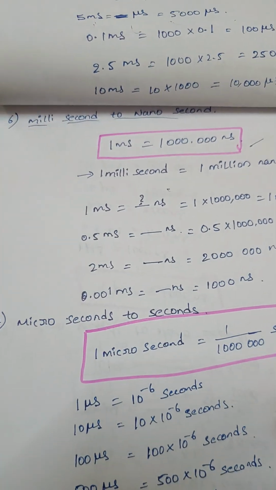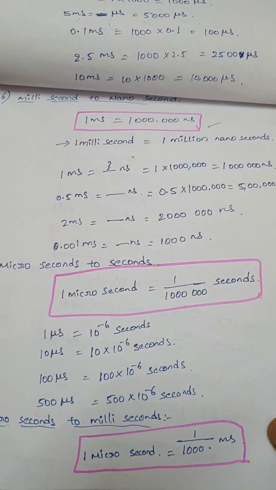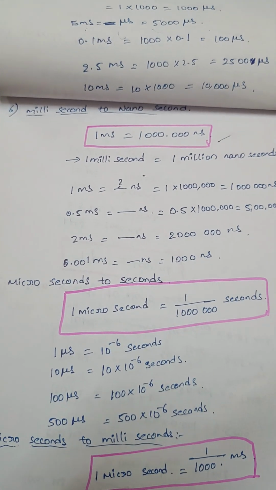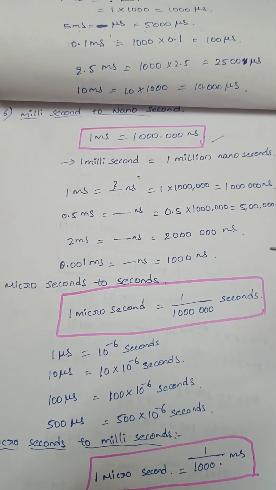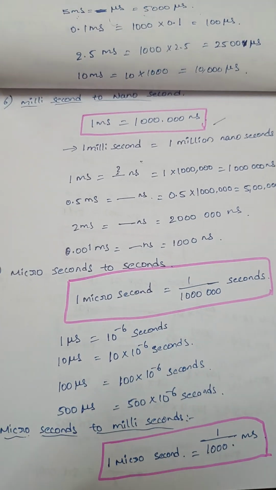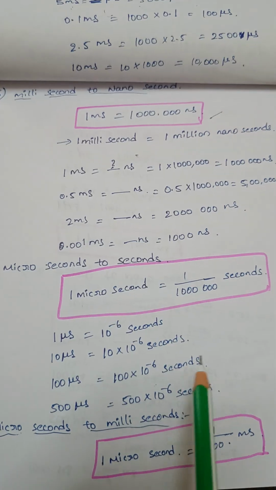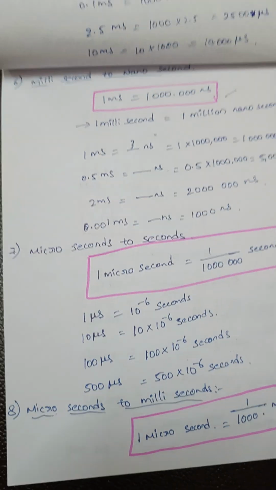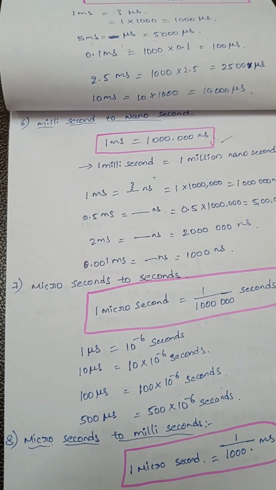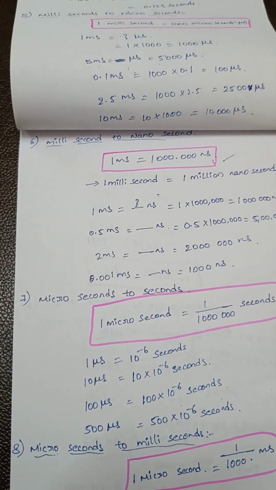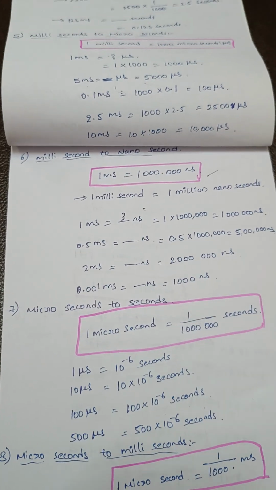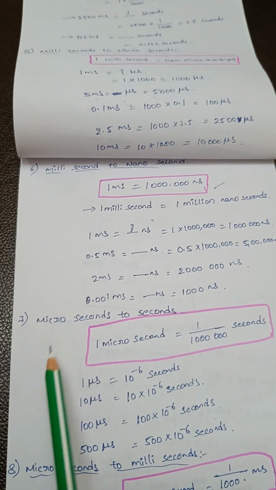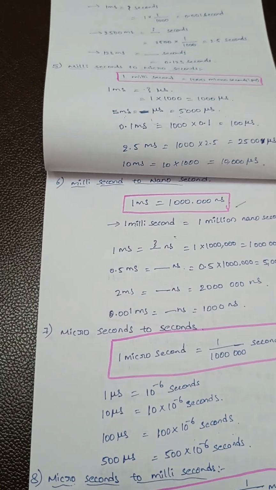Next, see microseconds to seconds. If you want to convert microseconds to seconds, you need to divide by 10 to the power 6. 1 microsecond equals 10 to the power minus 6 seconds. Whenever any unit is converted to seconds, you divide that value. And if you want to convert a smaller unit like microseconds to nanoseconds, you multiply that value.